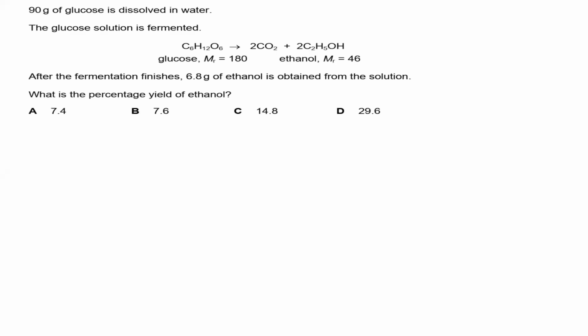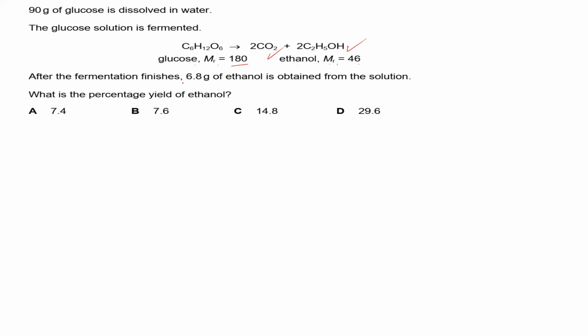Now with the third problem, 90 gram of glucose is dissolved in water. The glucose solution is fermented. Glucose is fermented into 2 moles of carbon dioxide and 2 moles of ethanol. Glucose MR equals 180, ethanol MR equals 46. These MR values are given as data for this problem.